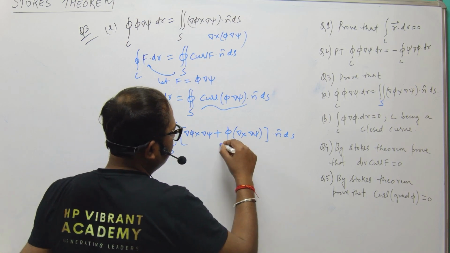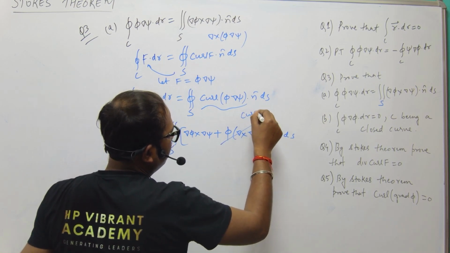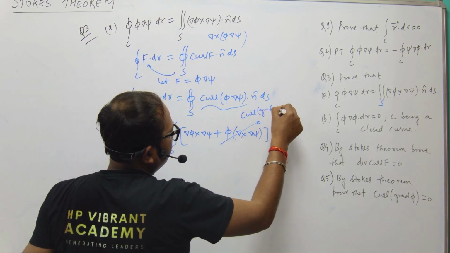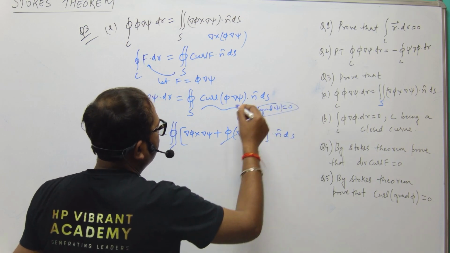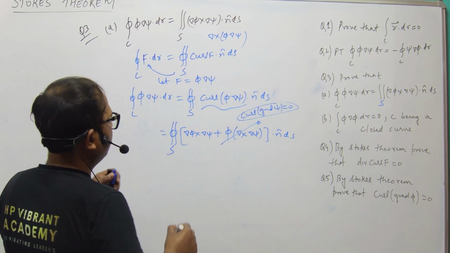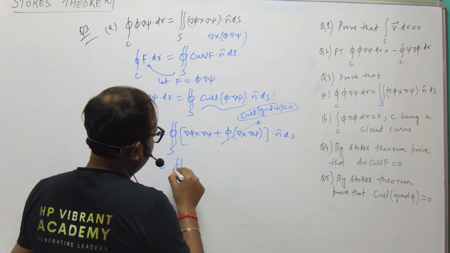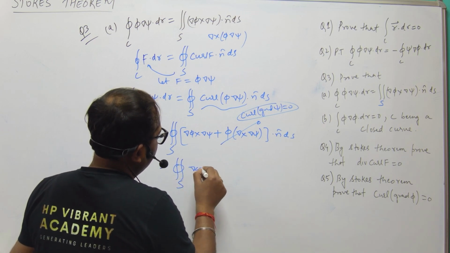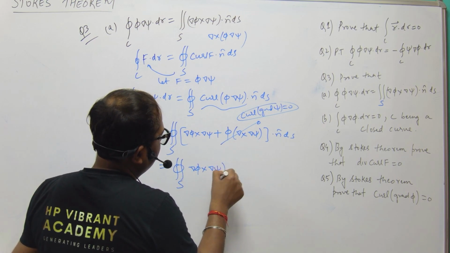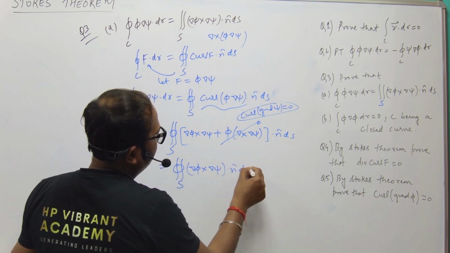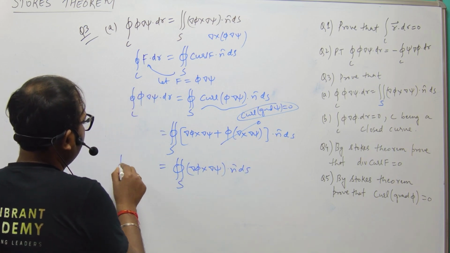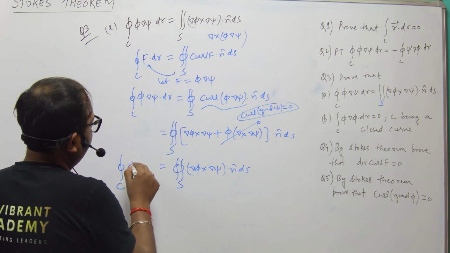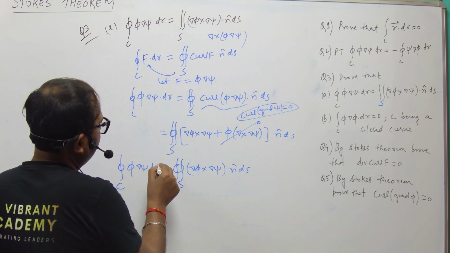This is 0 because curl of gradient of psi is equal to 0 from the vector identity. We are left with this particular expression: the surface integral along the surface S of del phi cross del psi dot n cap dS, the value of the line integral along the curve C of phi times del psi dot dr.